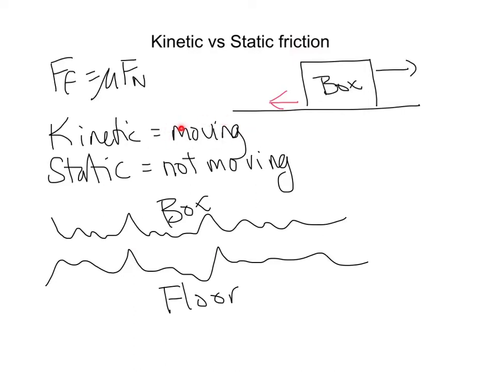Whereas when they're moving relative to one another, this is moving this way, this is moving this way, they don't really have time to settle in and get close. So that's a decent explanation of why, conceptually, the coefficient of static friction is more than kinetic friction. Let's look at a couple examples.